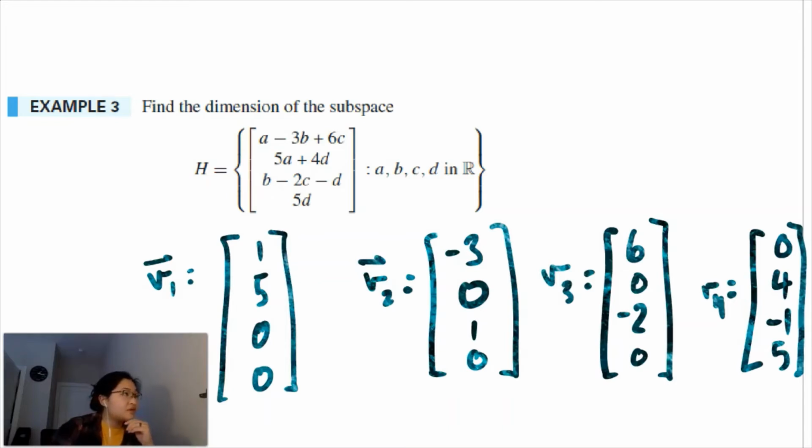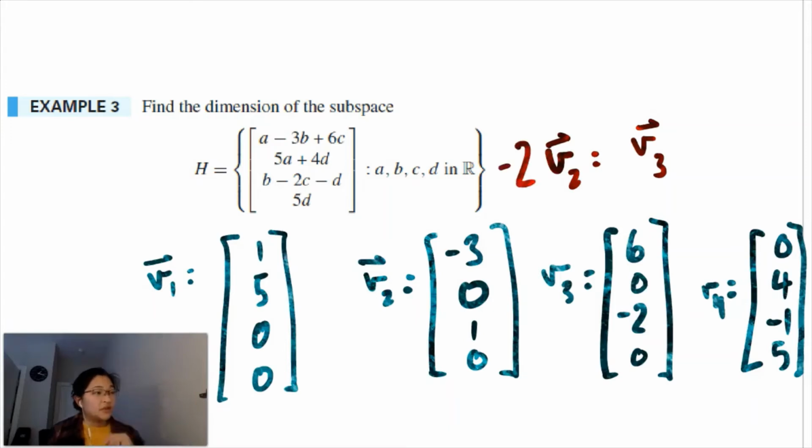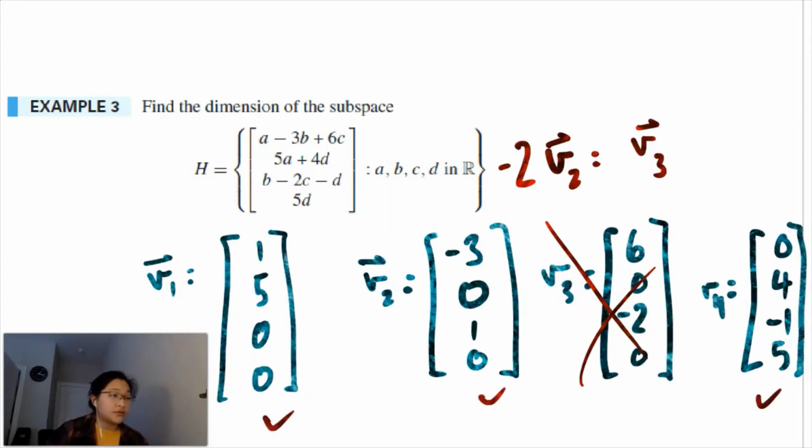If you look at V2 and V3, V3 is equal to V2 multiplied by -2. So we can get rid of V3 and still fully span our subspace. So the dimension of our subspace is how many vectors? 1, 2, 3 in order to have our basis. So the dimension of this subspace H is going to be 3.